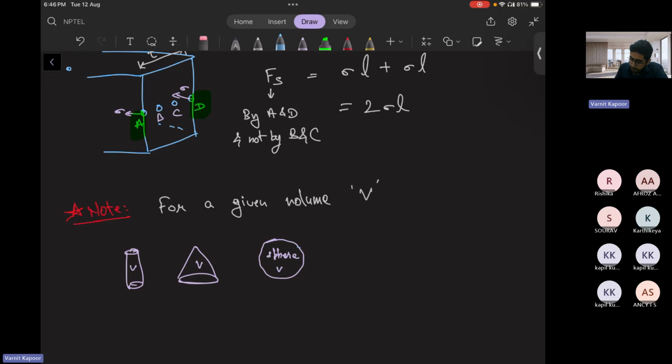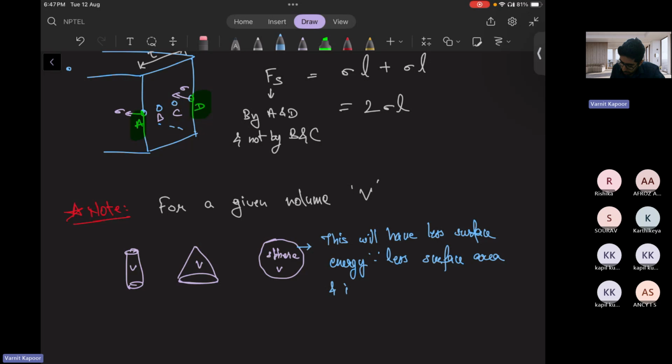So the sphere will have less surface energy and be more stable, since it has less surface area and is more stable.